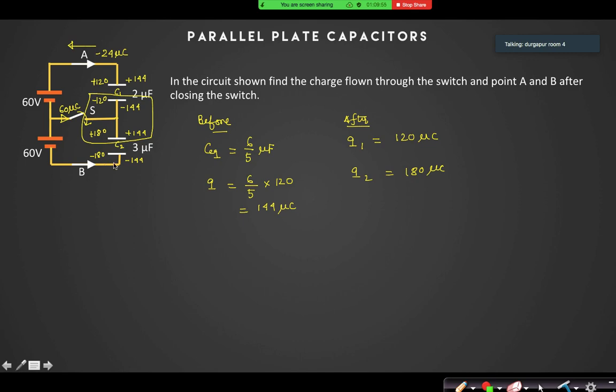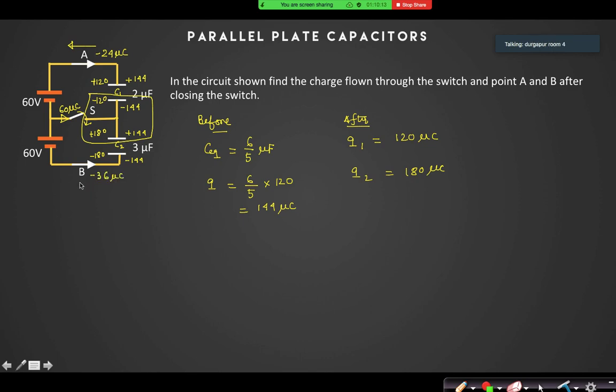And it is minus 144 initially, now it is minus 180, right? So it will be minus 180 minus of minus 144, right? That is plus 144, so that is again minus 36, right?